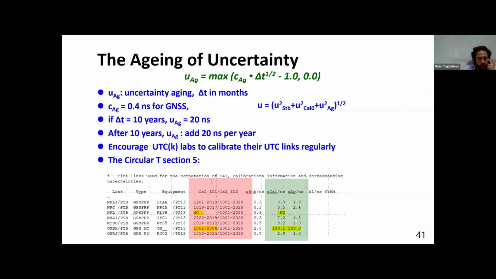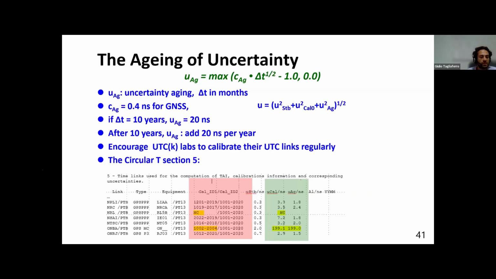For the first year, no aging is applied, and then it is 0.4 nanosecond per square root of time in months minus 1 nanosecond. After 10 years, the aging part is set to 20 nanoseconds, and after that, it increases by 20 nanoseconds per year.